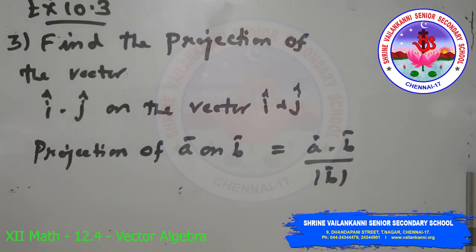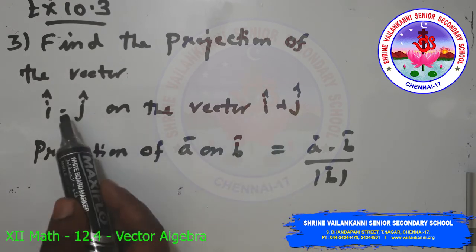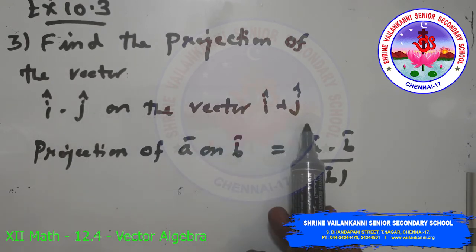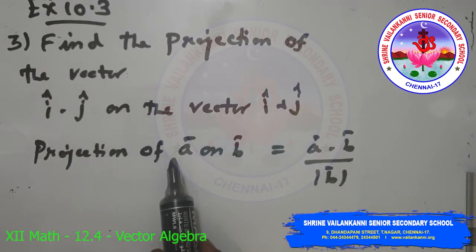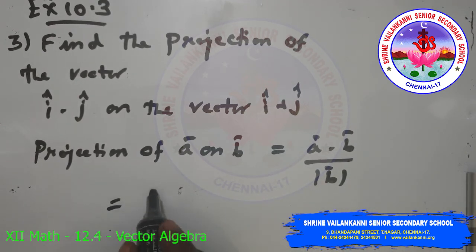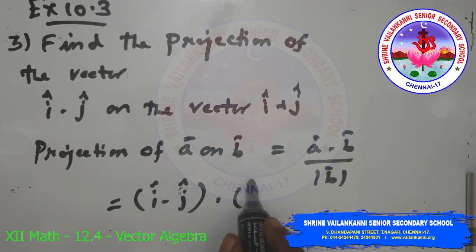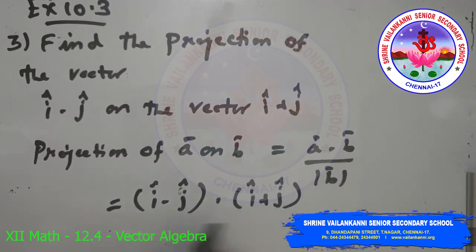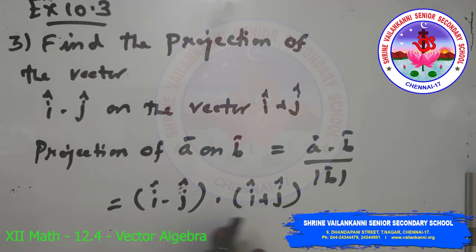Third one, find the projection of the vector i minus j on the vector i plus j. So projection of A on B is A dot B by magnitude of B, which is equal to i minus j dot i plus j. So product of two vectors: i dot i is 1, i dot j is 0.